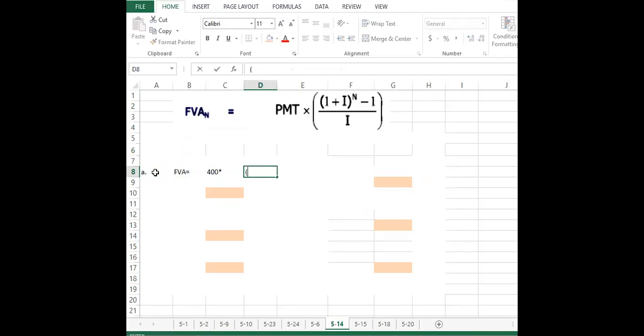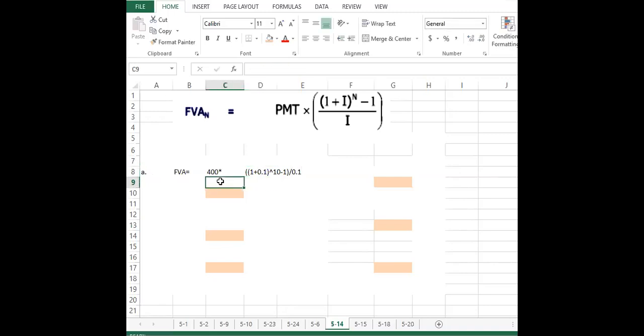So for the factor, we have 1 plus interest rate, which was 10% in requirement 1, raised to the time period, which was also 10. Then minus 1 from the formula and divide by interest rate.